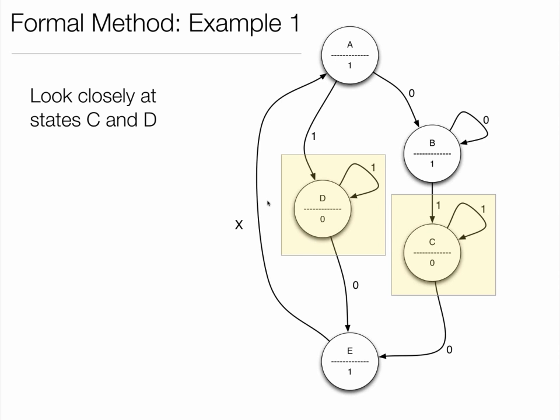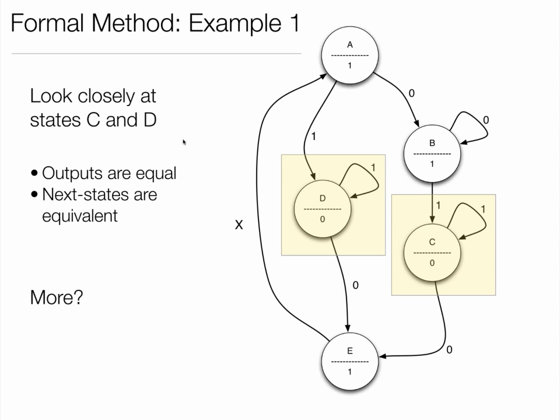Or to E is considered the same thing. So D and C, because they have the same outputs and they have equivalent destinations, are considered the same. Outputs are equal. Next states are equivalent.